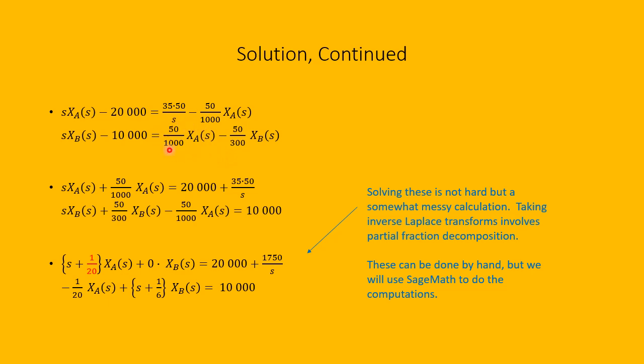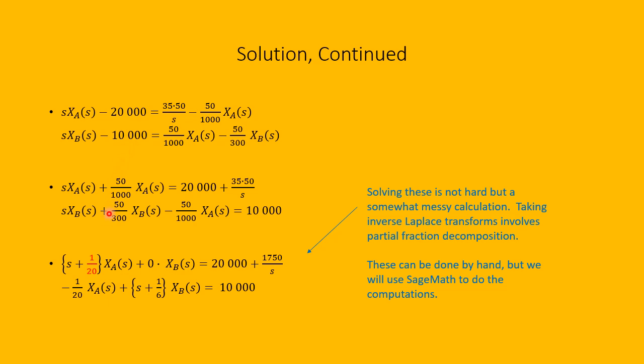Let's subtract this X sub A of S term from both sides of the equation, and let's add 50 over 300 X sub B of S to both sides of the equation, and also let's add 10,000 to both sides of the equation.